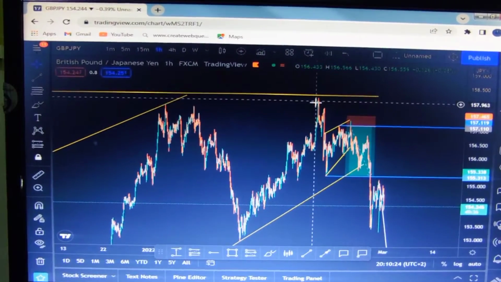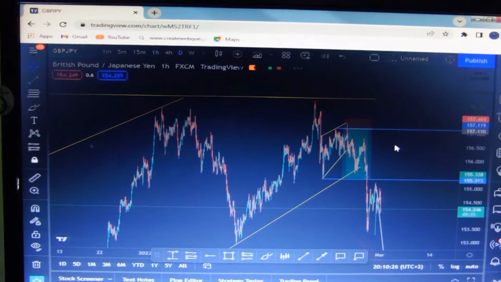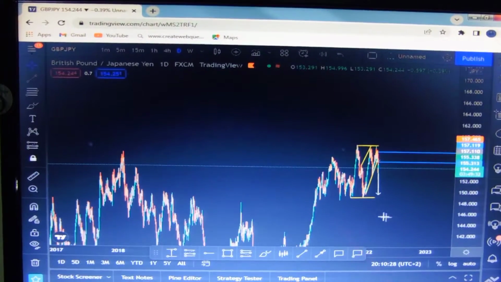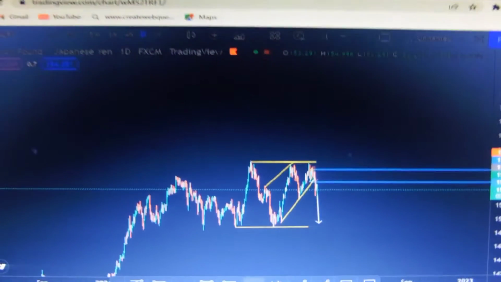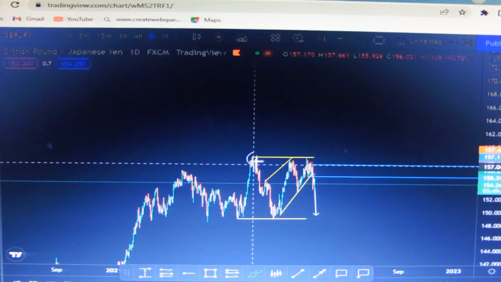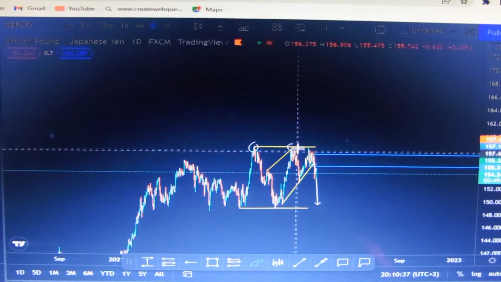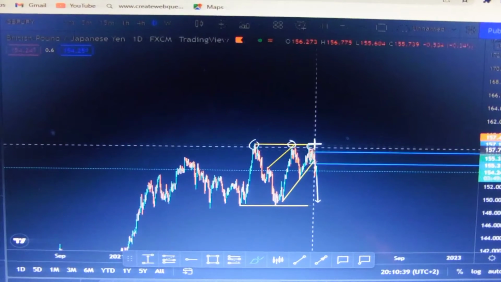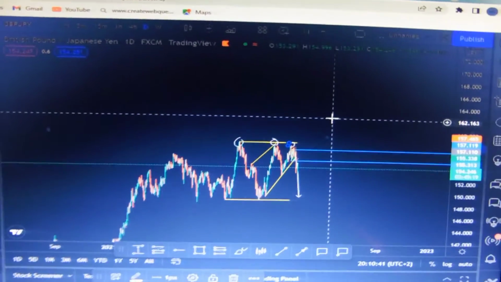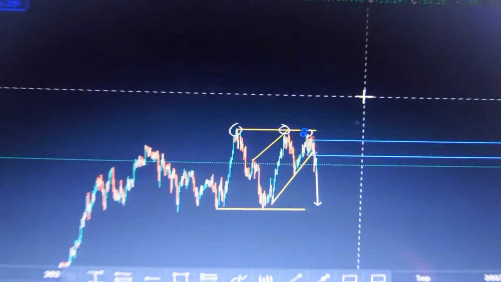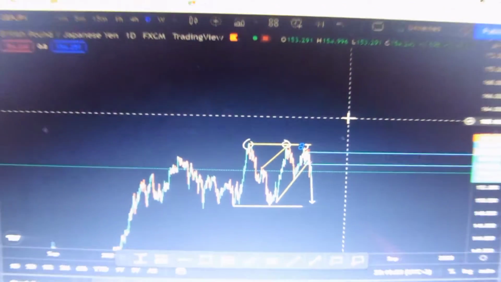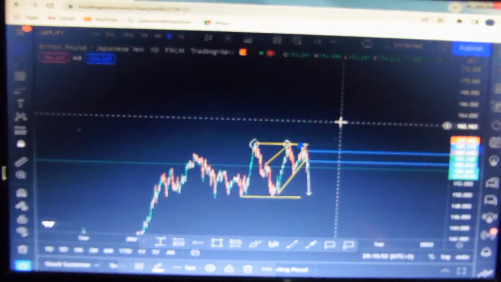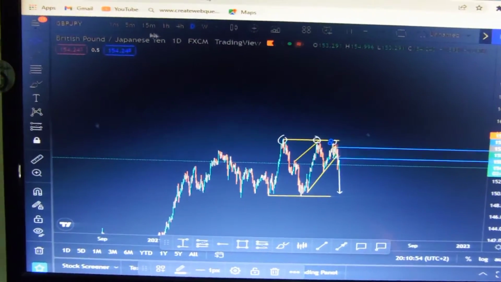Here you can see that the market made a third touch that we were waiting for for a couple of weeks. Just to outline it on the daily time frame, you have 1, 2, and here you have your third touch. So that's straightforward in terms of what we were looking for on the daily time frame.